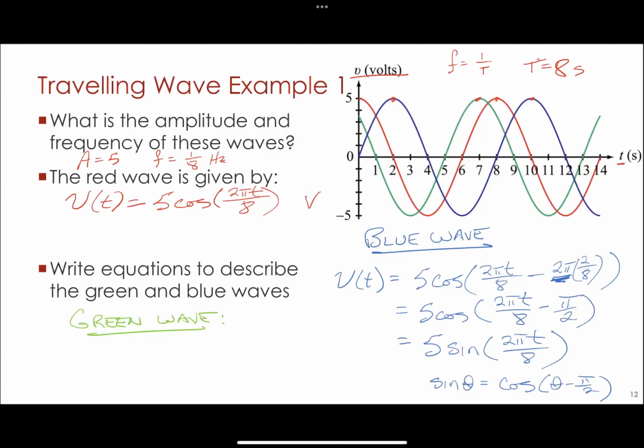All right, Anthony, question? Yeah, going back to your equation, I thought the phase shift was added in the equation that you had on the slide before this one, where you wrote 2 pi t over 8 minus 2 pi, and then you multiplied the shift. And I guess, I don't know, I got lost right there.